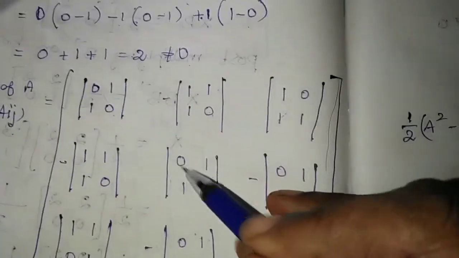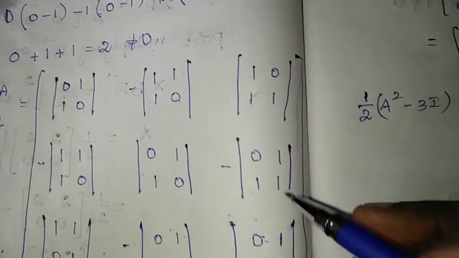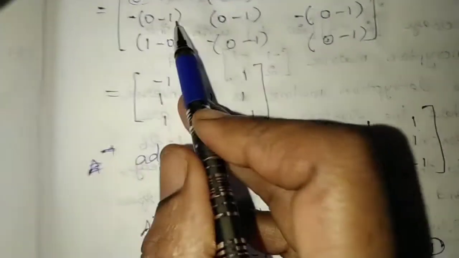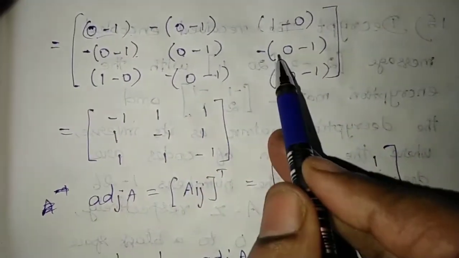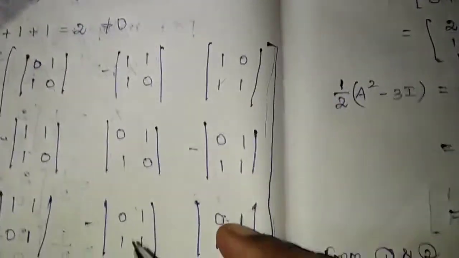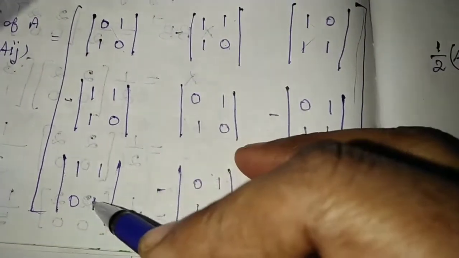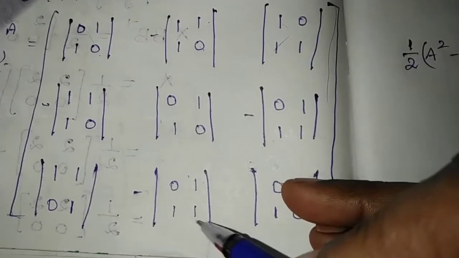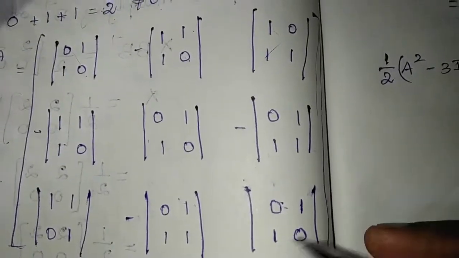Second row: 0 minus 1, 0 minus 1. Third one: 1, 1, 0. 0 minus 1, 0 minus 1, 1 minus 0.